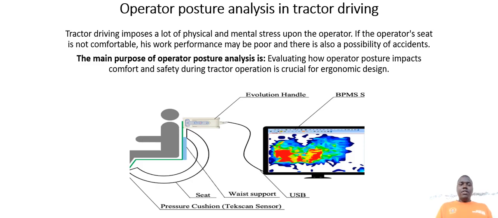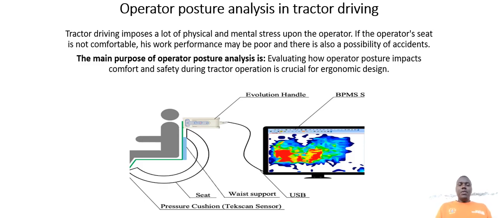Tractor driving imposes a lot of physical and mental stress upon the operator. If the operator seat is not comfortable, his work performance may be poor, and there is also the possibility of accidents.